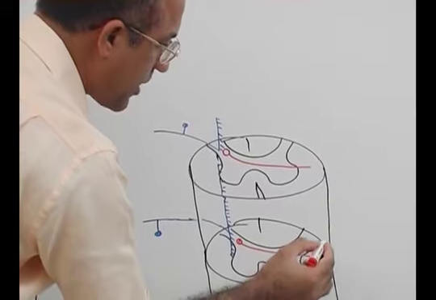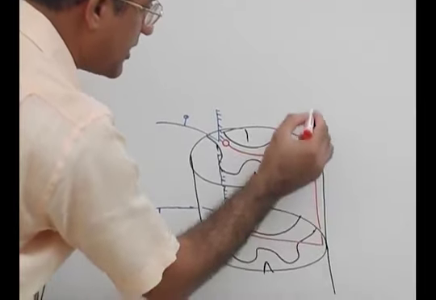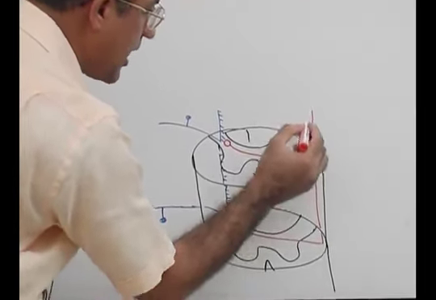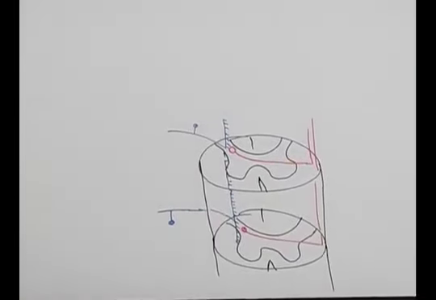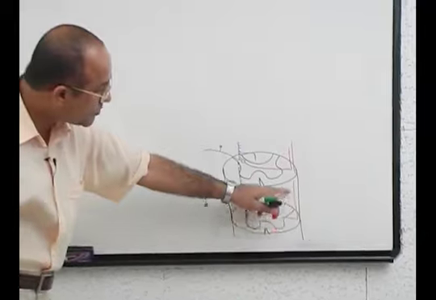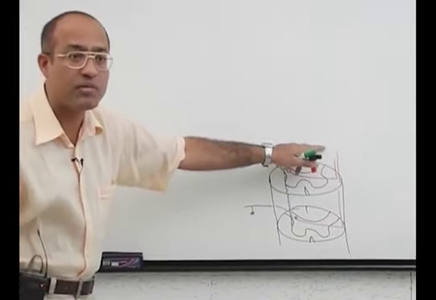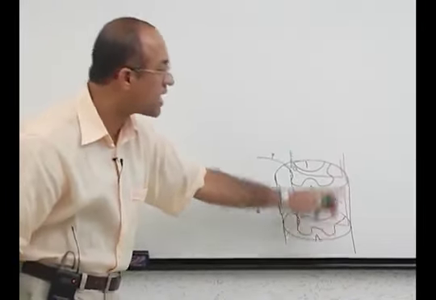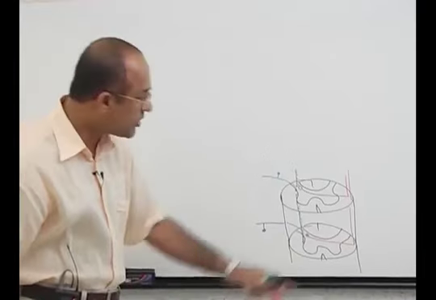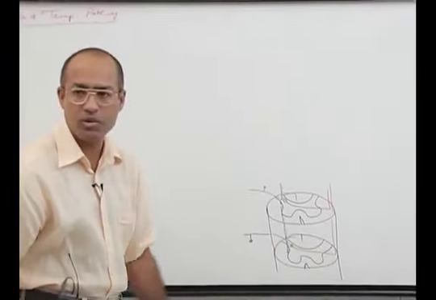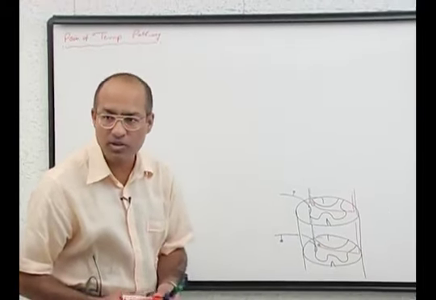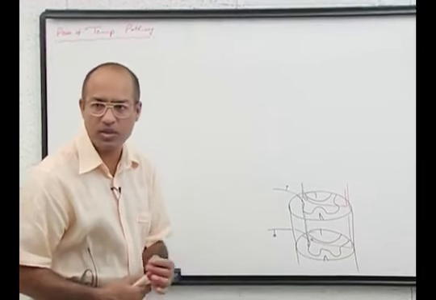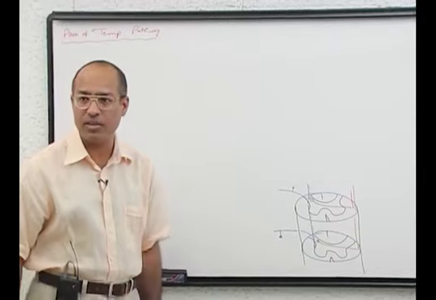But the fibers which are at lower level, as they are ascending upward, then upper fibers are added to the medial side, right? Now this tract which is being made here, it is going up to thalamus. So we call it spinothalamic tract. And because it is in the lateral column, we call it lateral spinothalamic tract. So lateral spinothalamic tract is concerned with pain and temperature.